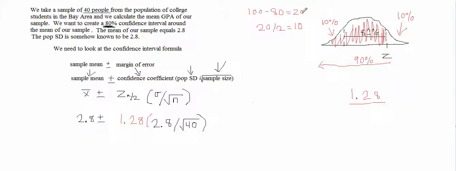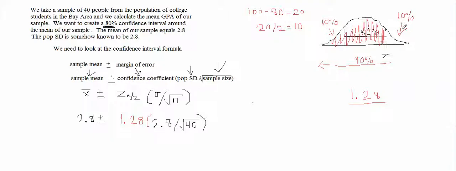Take your answer and divide it by 2, and you get a number. This number is your tails. We got tails of 10 and 10, because the entire thing has to be 100%. So if the middle is 80, the two tails are 10 and 10, because these three numbers all add up to 100.